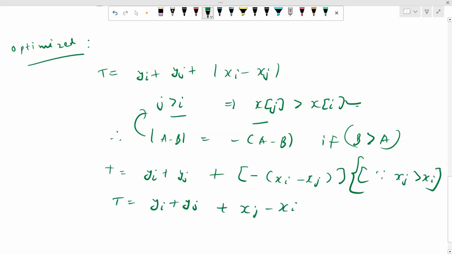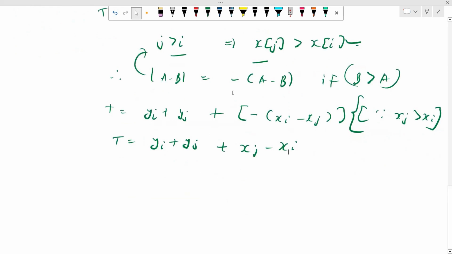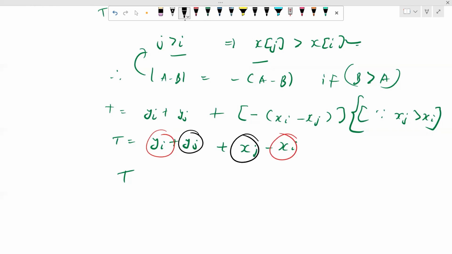So now, just club all the values of j and i together. Like, what do I mean? This i and this i will be clubbed together, and this j will club together, right? So now after this, what will we have? The equation looks something like this: yi minus xi plus yj plus xj, right?